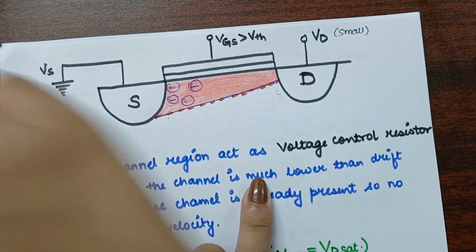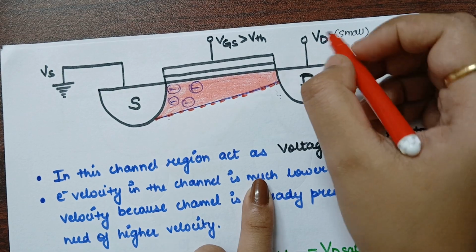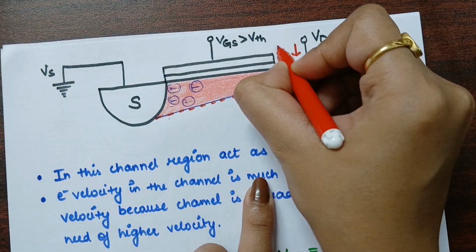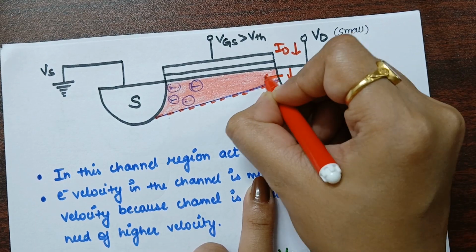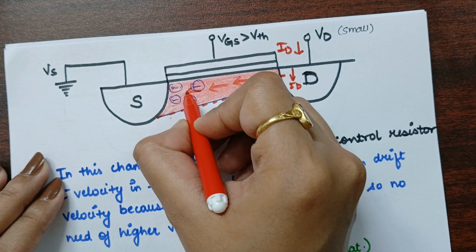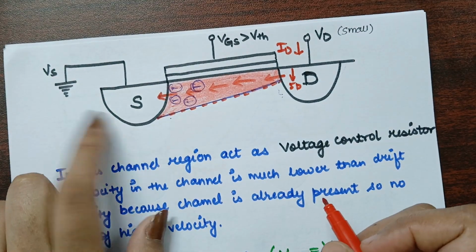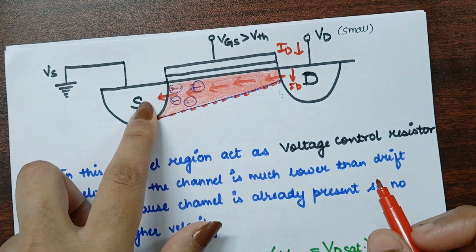Okay, as soon as we apply this drain voltage across this drain terminal, what will happen? This current ID will start to flow. This ID current will flow through this region and it will move towards the source terminal. So this ID current will flow through the channel.